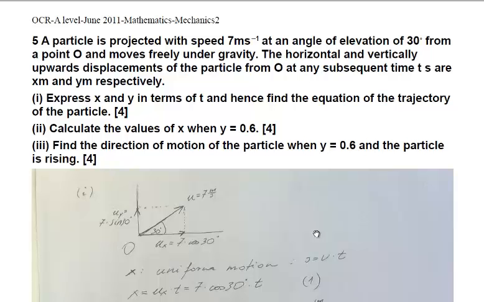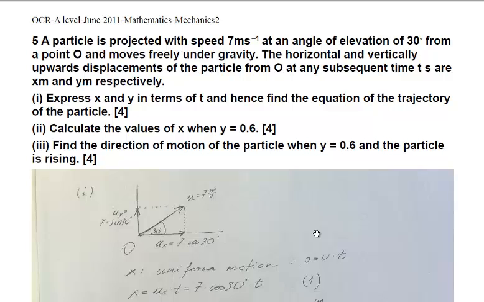A particle is projected with speed 7 meters per second at an angle of elevation of 30 degrees from a point O and moves freely under gravity.